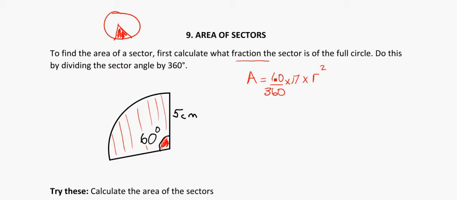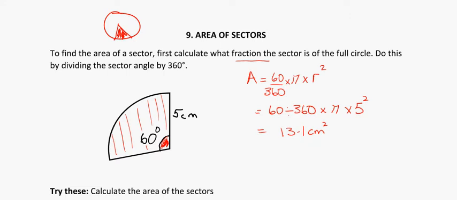And that becomes your fractional piece. So for this particular sector, 60, and you can go divided by 360 if you like, times pi, times the radius is 5, and we have to square that. Okay, just go to your calculator and you should get 13.1 centimeters squared, and 1 dp is fine.